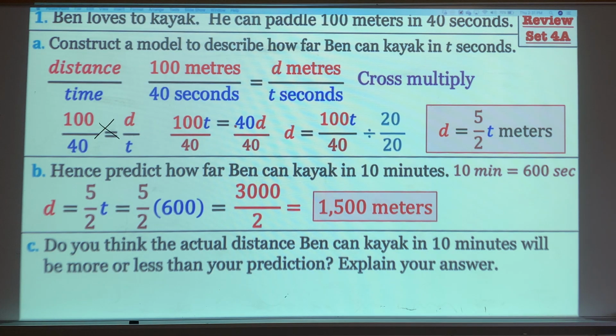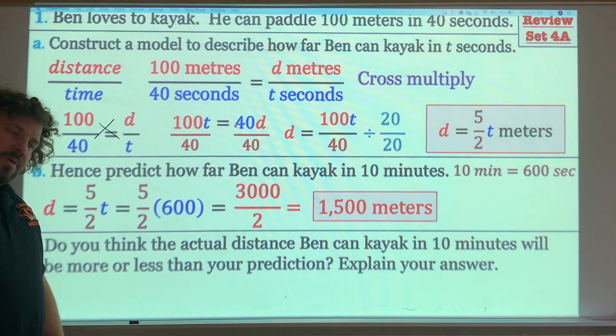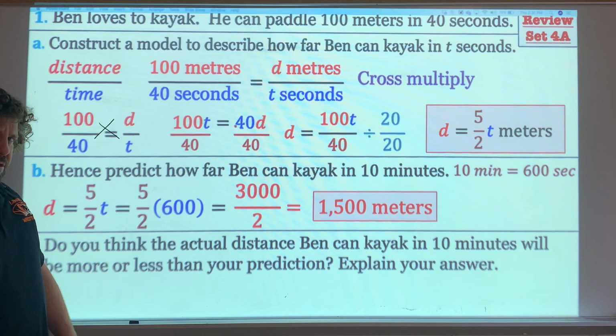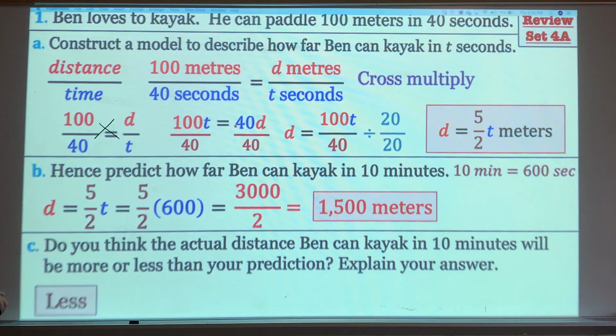Do you think this is the actual distance he can paddle in 10 minutes? Explain it. I want you to explain it. Think he actually paddles that far? Answer should be no, right? He's going to probably paddle less. Why do you think he paddles less? Come on, tell me. What do you think?